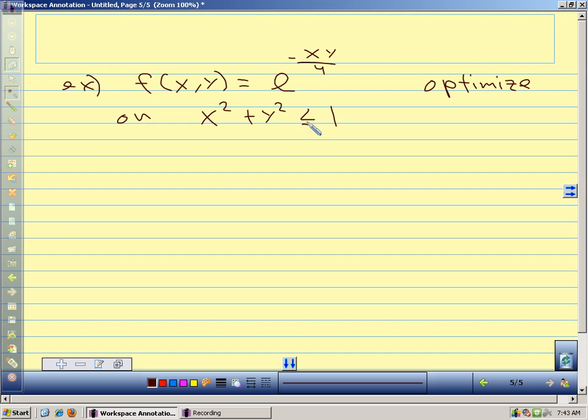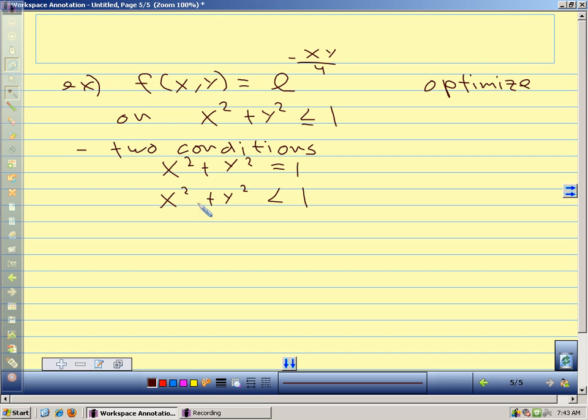Now, because we have a less than or equal sign here, we have two conditions. We have x squared plus y squared equals 1, and that's the condition we're going to use Lagrange multipliers on. And we have x squared plus y squared less than 1 on the interior of our region, and we're going to use methods on the interior of the region.